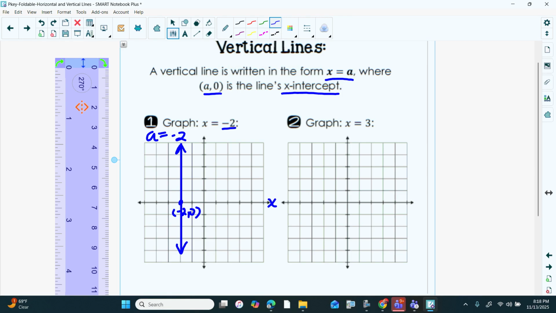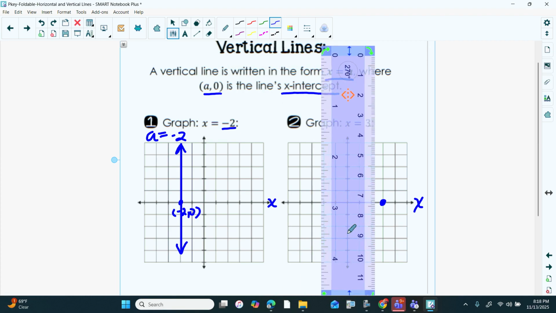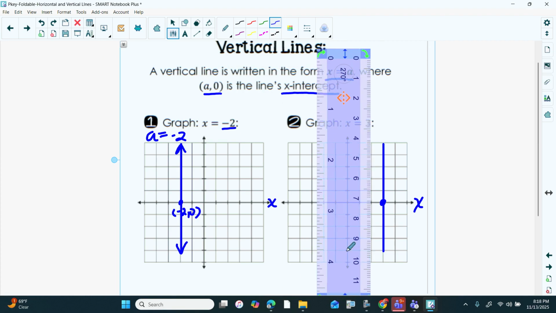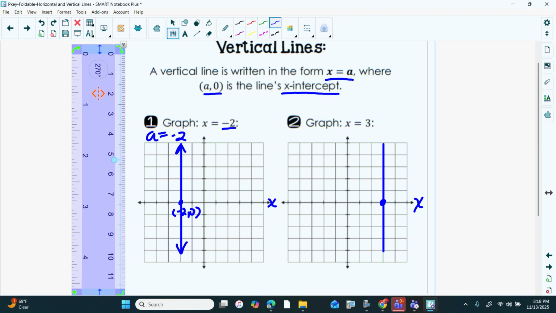So anytime I get x equals a number, that immediately tells me I have to go on the x-axis to where that number is. This is a +3, so 1, 2, 3, there's that point right here. And we would have to put a vertical line up and down through that point. If it's vertical, it only crosses the x-axis. It never touches the y-axis. That's why the slope is undefined.